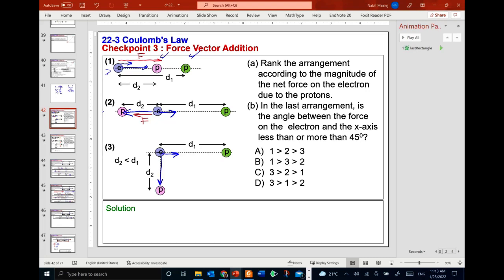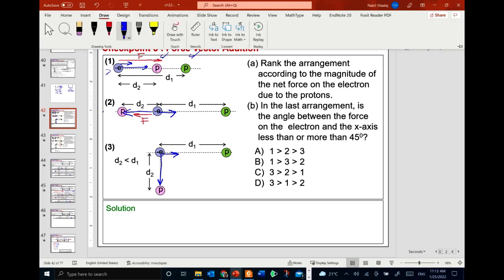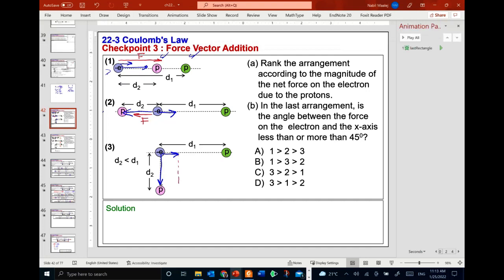If we add the two forces, this is a vector addition, not scalar addition, remember. When we draw the force, we get this resultant force. So clearly you can see that the largest magnitude is for 1. The next one is 3. Assuming these forces are, so let me call this F. Use the blue color.